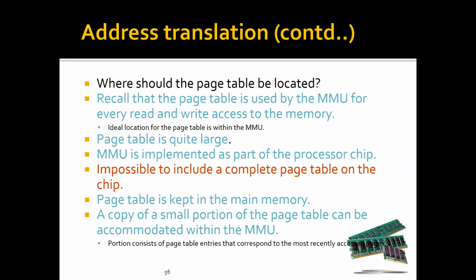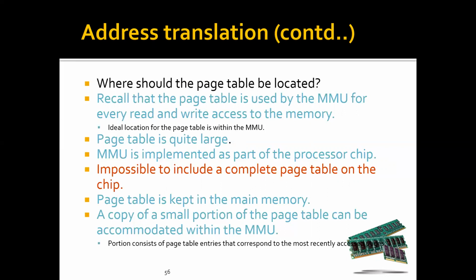Ideally it should be kept inside the processor, where it can be accessed faster. However, there are a limited number of registers in a processor, so this large PMT may not be kept inside the processor.